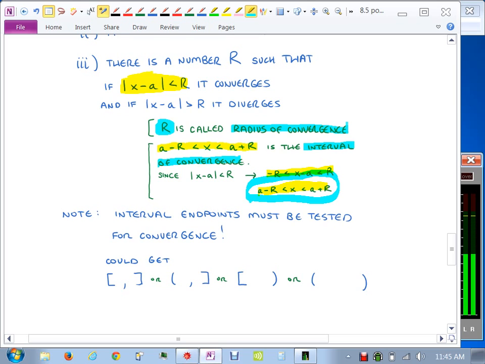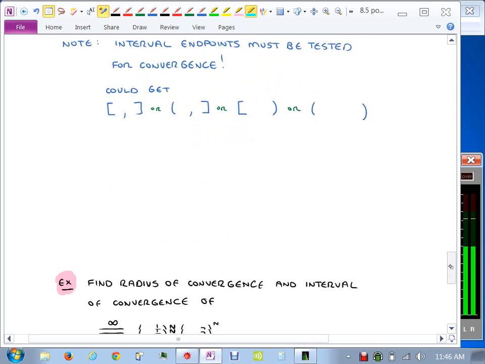We could get these two possibilities where we have right endpoint included but not left. This would be left and not right. These are called half open intervals or half closed, however you want to look at it. And then over there, open interval. That means don't include the endpoints. So if we have our interval of convergence, it's going to be one of those four possibilities. But we'll have to check.